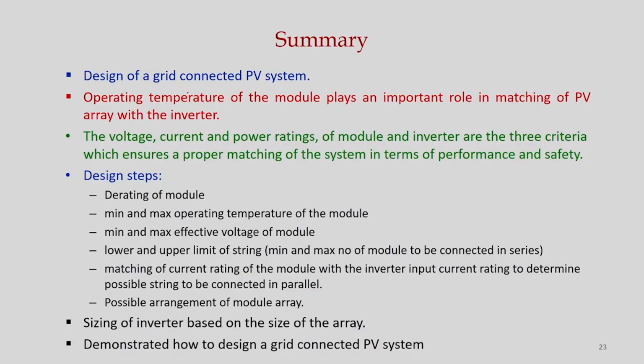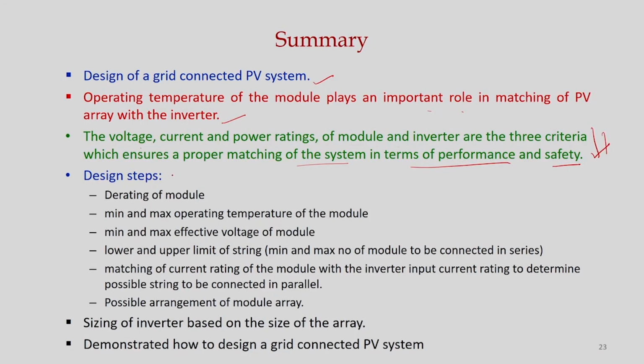We understood the design of a grid connected PV system, and that the operating temperature of the module plays an important role in matching PV arrays with the inverter. The voltage, current and power ratings of modules and inverters are the three criteria which ensure a proper matching of the system in terms of performance and safety.